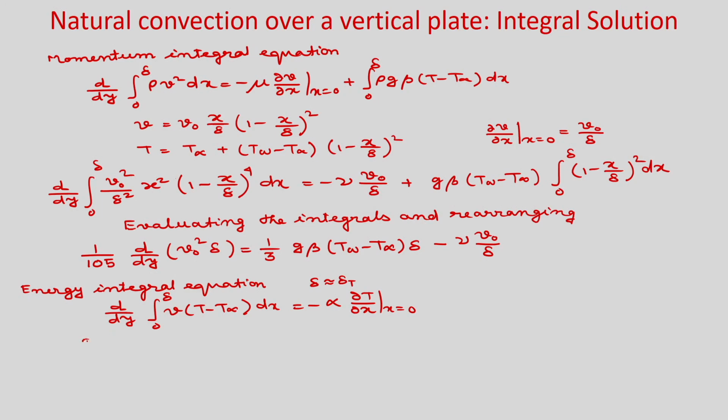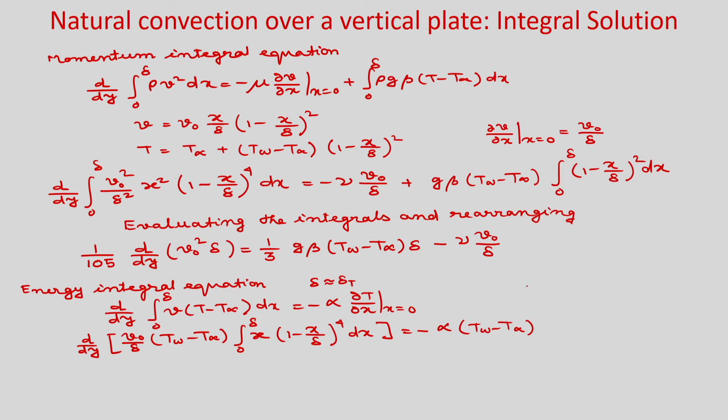So, you will get d/dy of v naught by delta (T w minus T infinity), integral 0 to delta, x into (1 minus x by delta) to the power 4 dx, is equal to minus alpha (T w minus T infinity) and del t by del x at x equal to 0.